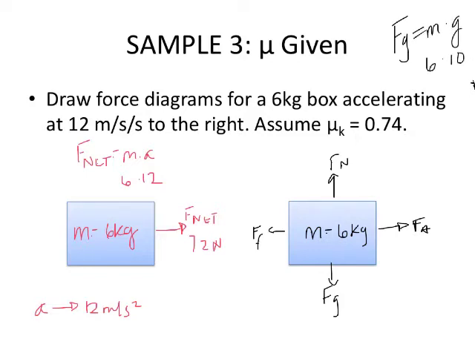So 6 times 10, this is 60. This is 60. And then to find force of friction, we use mu times F n, or force of friction is going to be equal to 0.74 times 60 newtons, which ends up being 44.4 newtons.